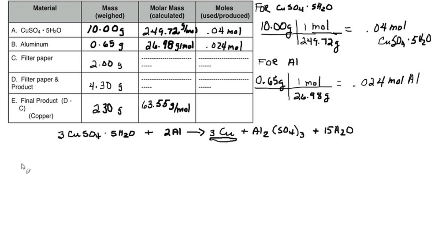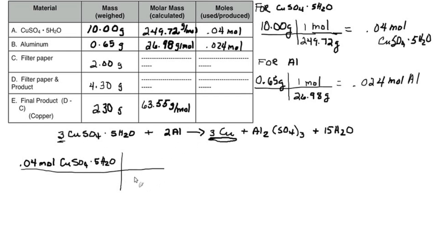So if I have 0.04 moles of copper sulfate pentahydrate, I'm going to use the molar ratios to calculate how much copper I'm going to make.